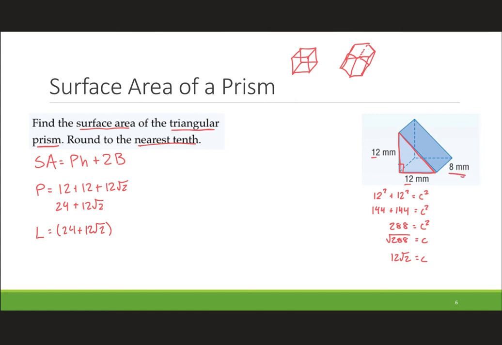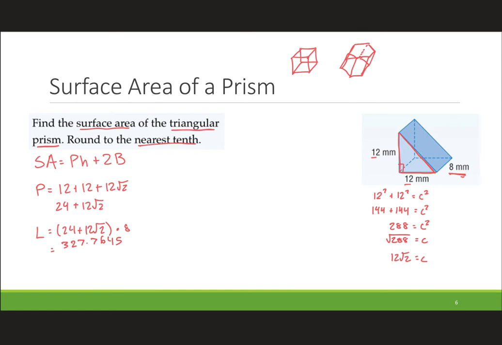This is the height of the prism, which is 8. So I multiply those together and I will get a decimal, and that decimal is 327.7645. Okay? Keep your decimals out to the 4th decimal place during the problem. Okay, so that's one piece. Now let's move on to the next piece.